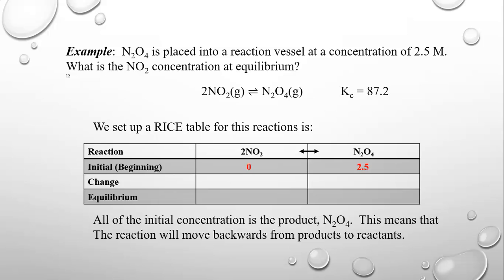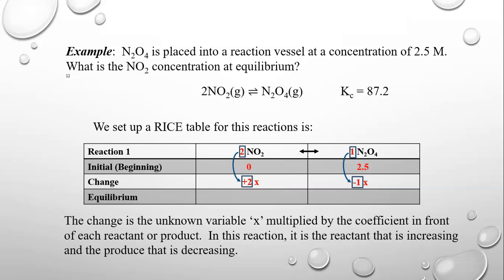You might ask the question, why didn't they just write it that way, that N2O4 is the reactant and the product is NO2? Because generally the reaction is written in this fashion, and so we just say, okay, that's fine, it's written from reactants to products, but if you start with all products, the reaction is going to move backwards towards reactants.